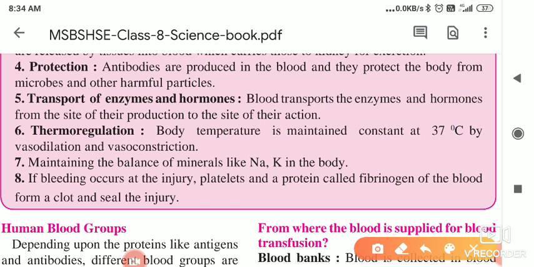In the next classes, you will get the idea of different hormones and enzymes, which are produced in a particular gland and from there are taken towards all parts of our body. Blood transports enzymes and hormones from the site of their production to the site of action.